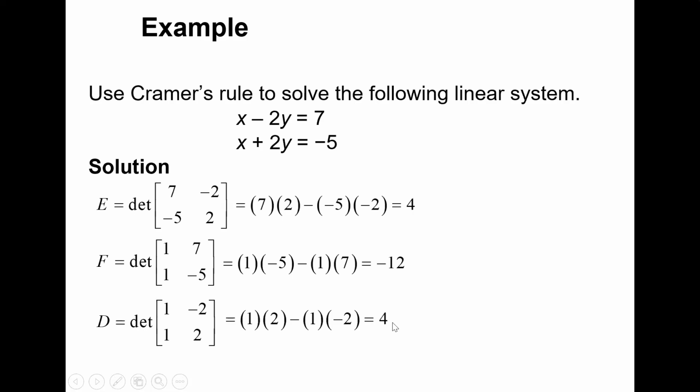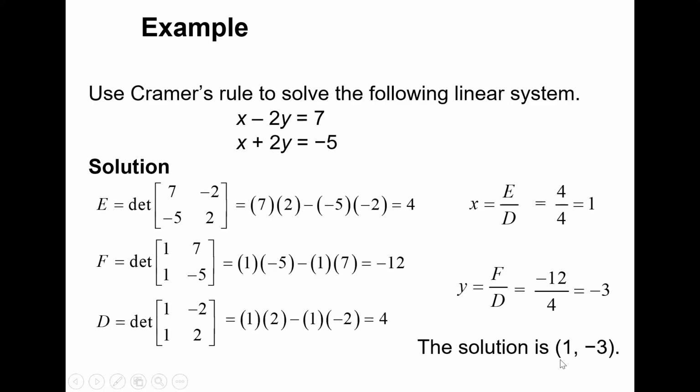So that is going to be our E, F, and D. Now we just have to plug those into the X and Y equations. X is E over D, so 4 over 4 gives us 1. Y is F over D, so minus 12 over 4 gives us minus 3. So that's going to be our ordered pair, and that's our solution.